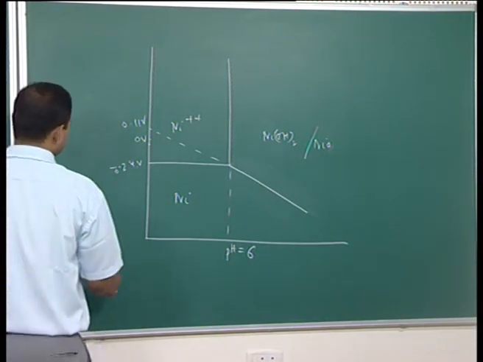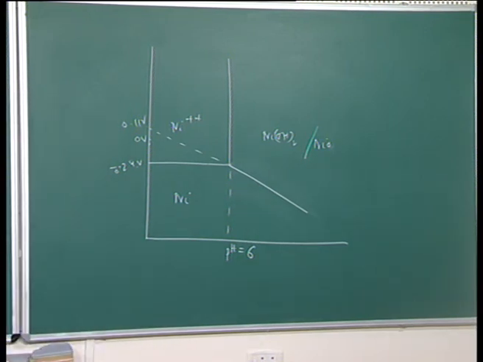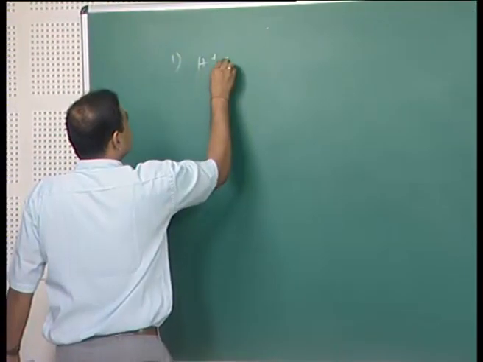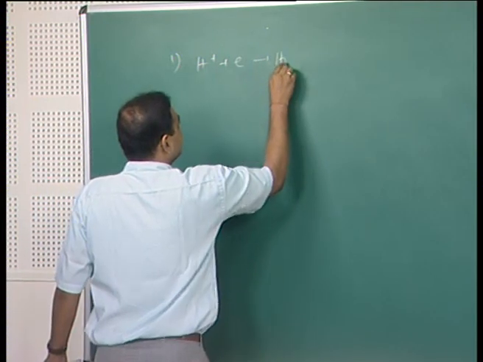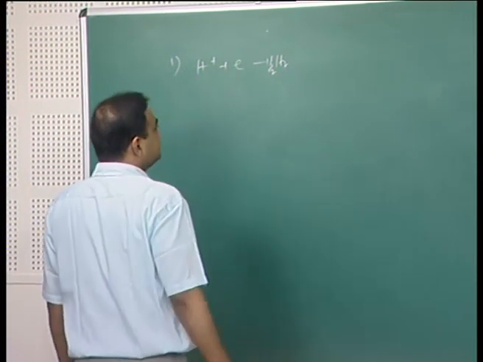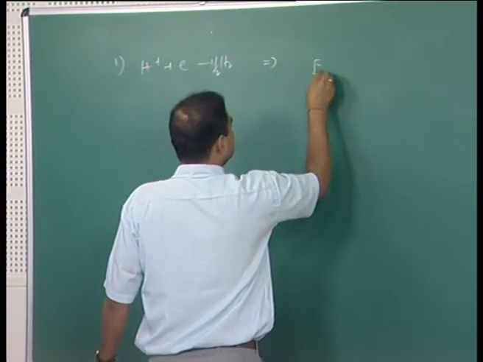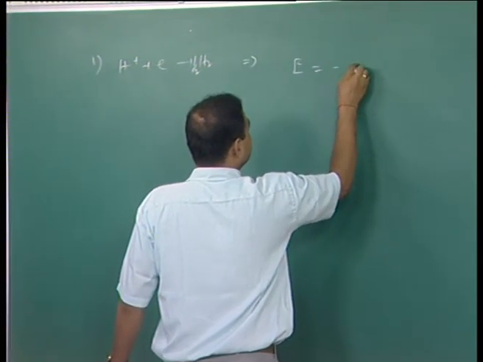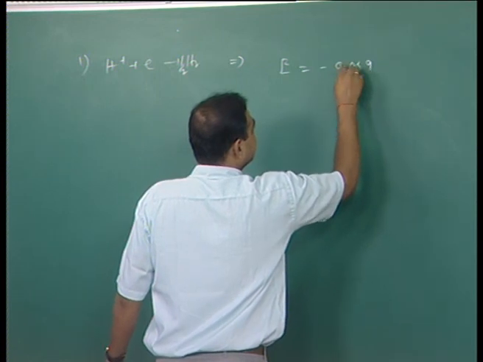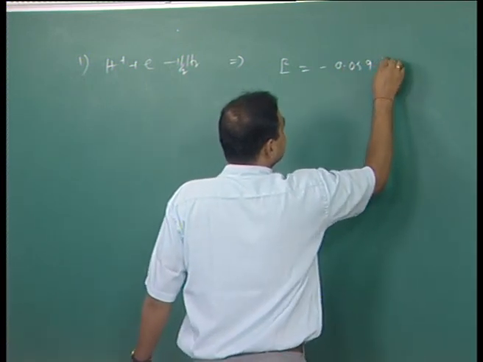we have already seen the equation H+ + e going to H2. In that case we have seen this can be related to E equal to minus 0.059 pH.